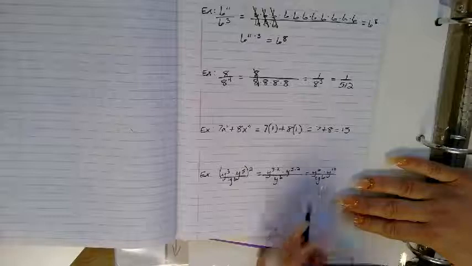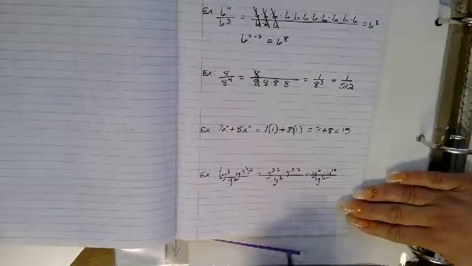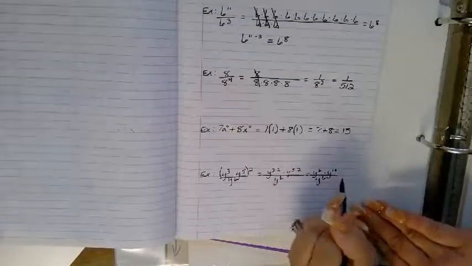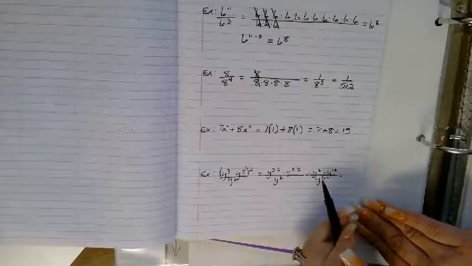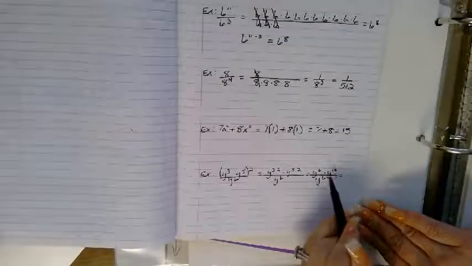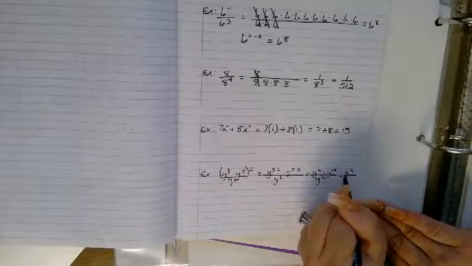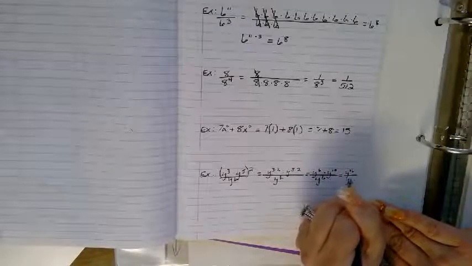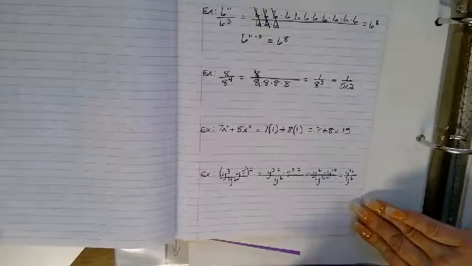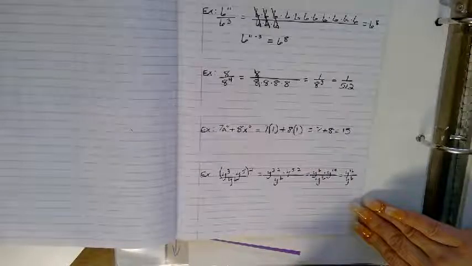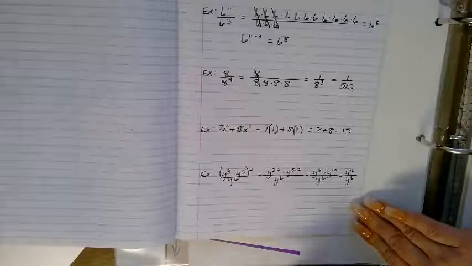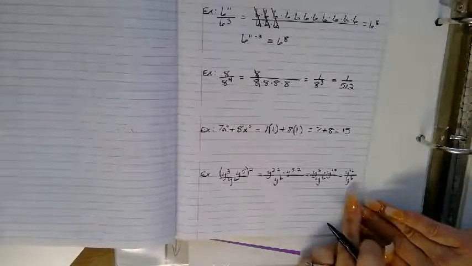I'm going to squeeze mine here. So now we add the exponents there. So we're going to get y to the 16 over y to the 6. And now we're moving on to our other rule where we just subtract those, because we need to simplify this down as low as we can.